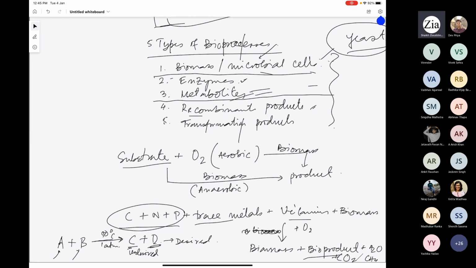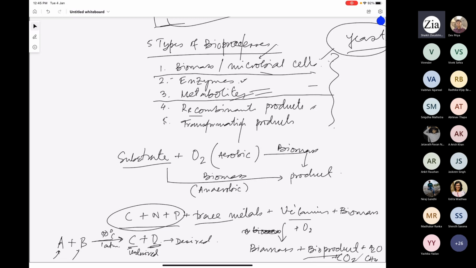So you can play with the equilibrium condition by manipulating the reaction conditions in the system.